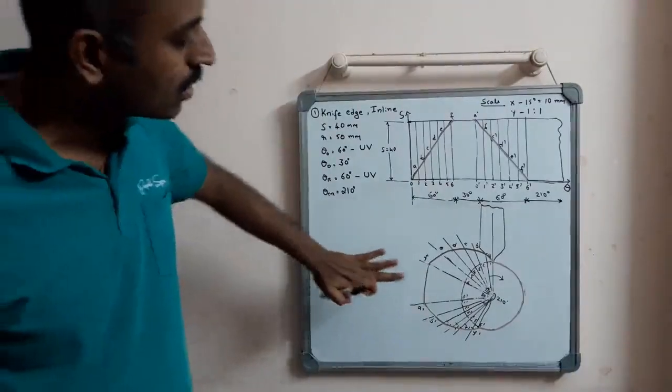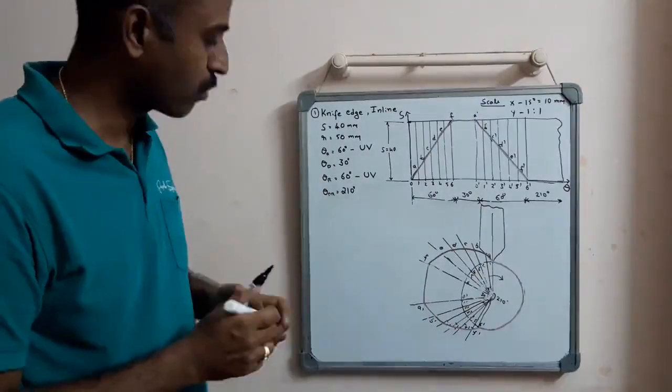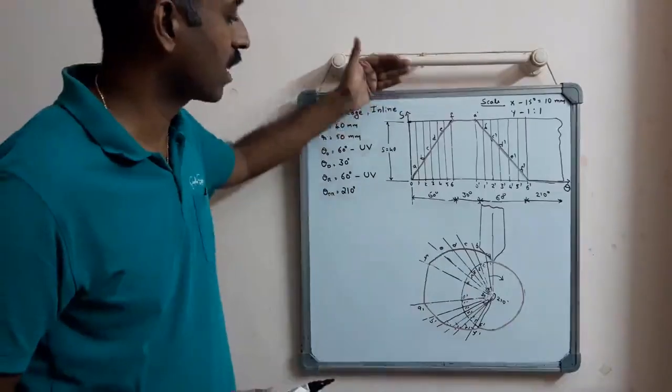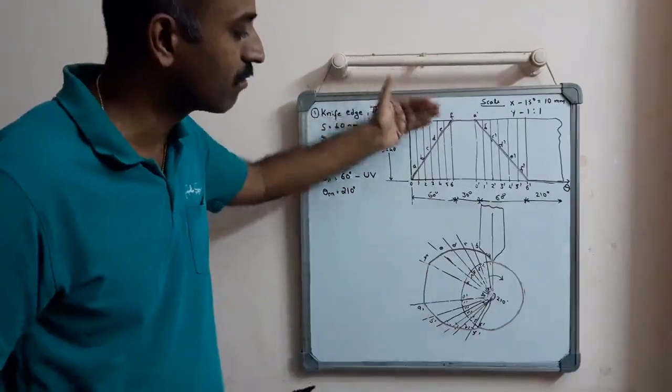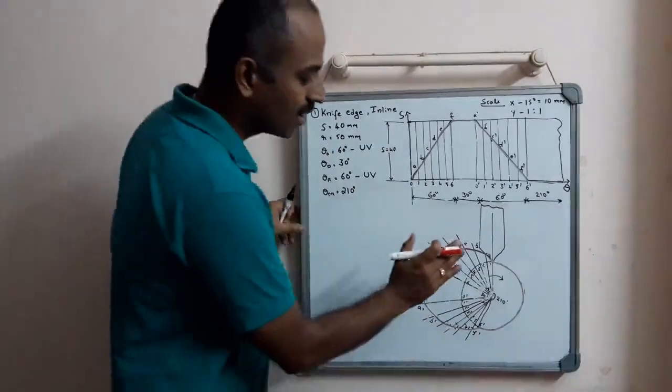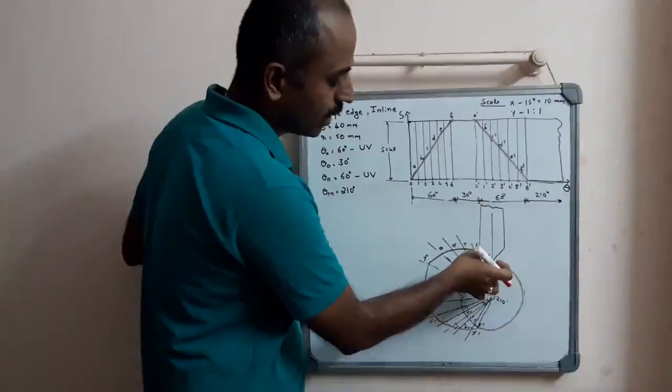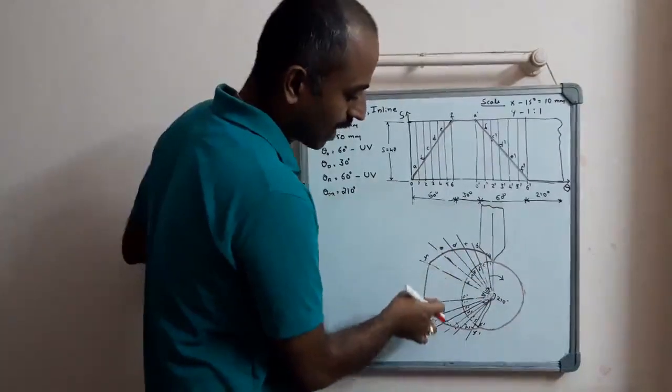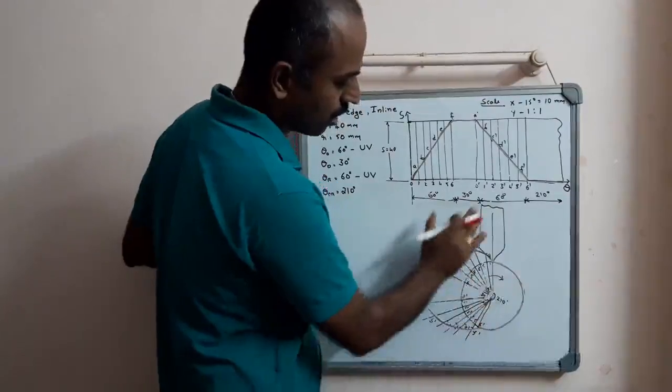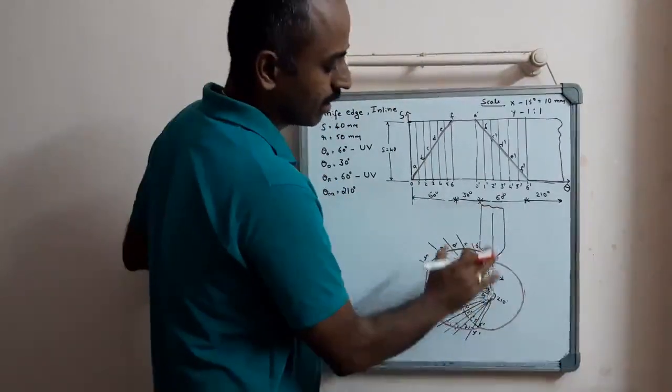So this is how the cam profile is obtained for the corresponding inline knife edge follower. In this cam profile, only the profile of the cam has to be maintained thick. All other lines have to be very, very thin.